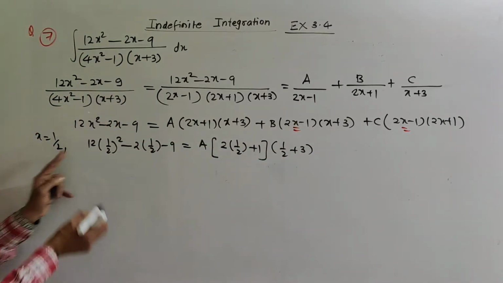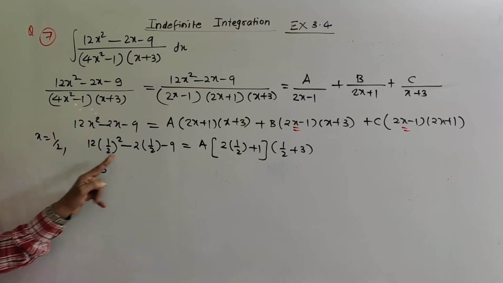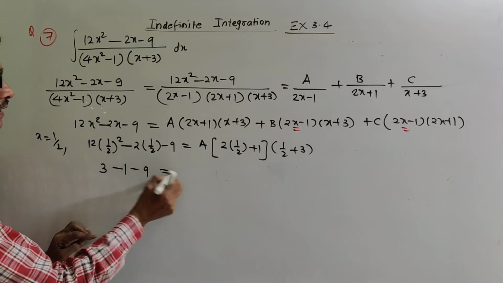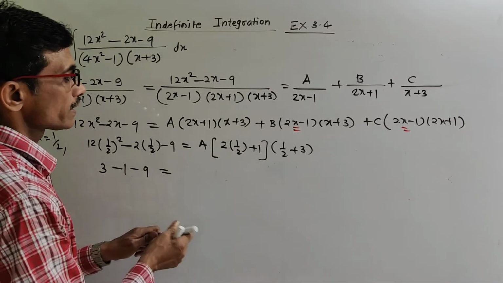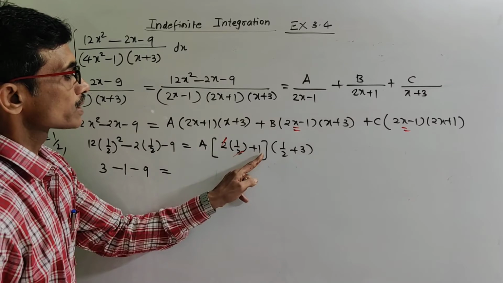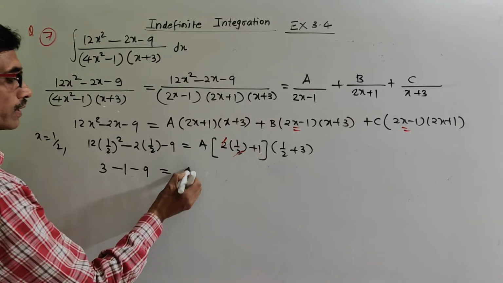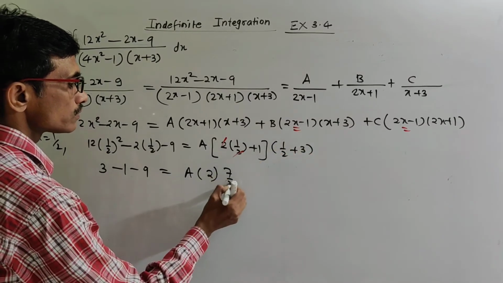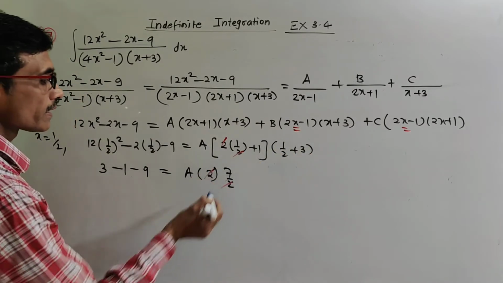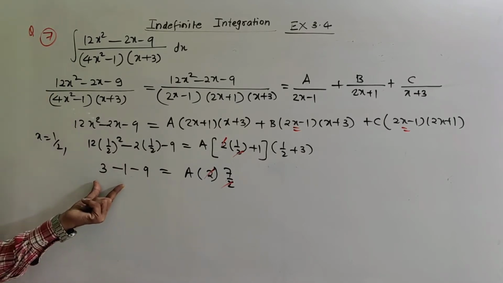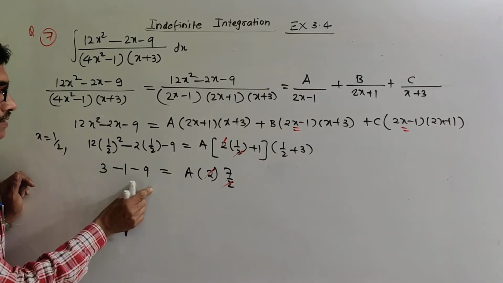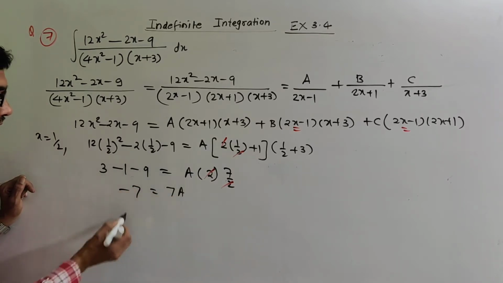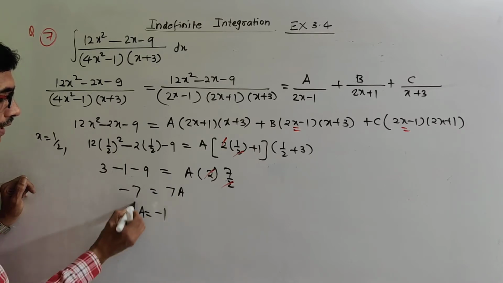This is 4 and this will be 3. This 2 is getting cancelled, minus 1 minus 9. Right hand side 2 is getting cancelled. 1 plus 1 is 2. So a into 2 times 7 by 2, again this 2 is getting cancelled. On the left, 3 minus 1 minus 9, that is minus 7. So minus 7 equals 7a, that means you will be getting a is equal to minus 1.